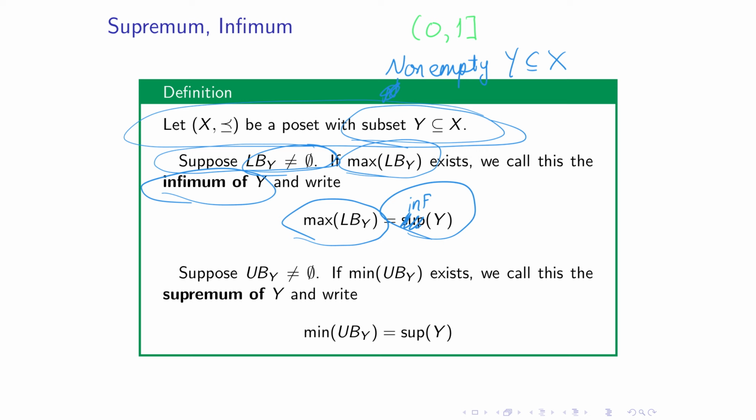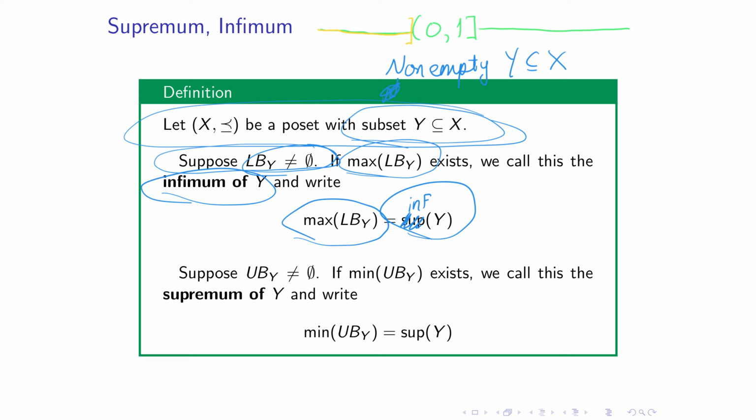Imagine this interval on the number line, so that 0 is right here, 1 is right here, and we know that all the numbers to the left, up to and including 0, are lower bounds on the set.